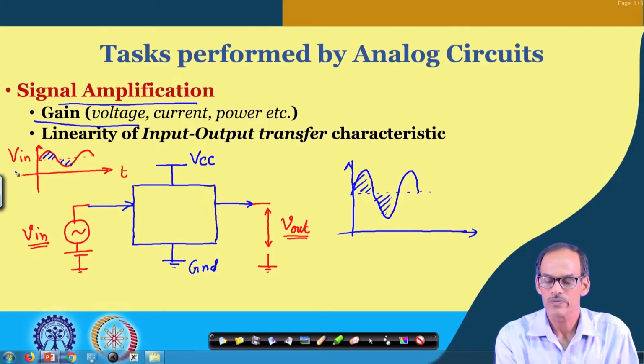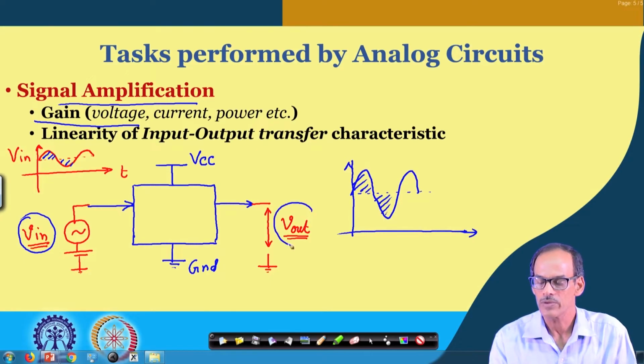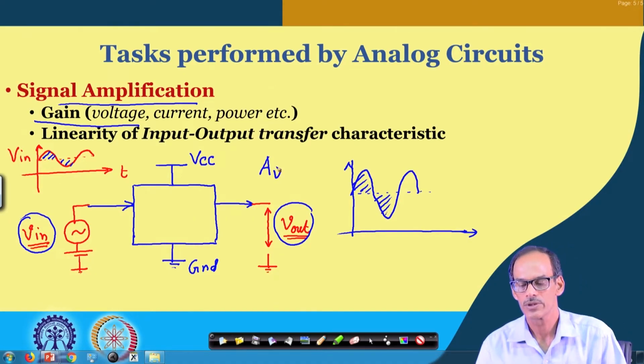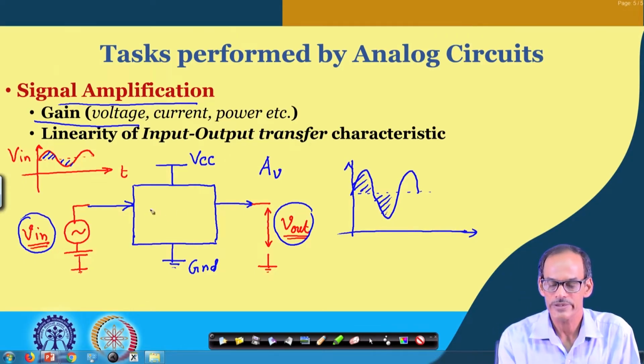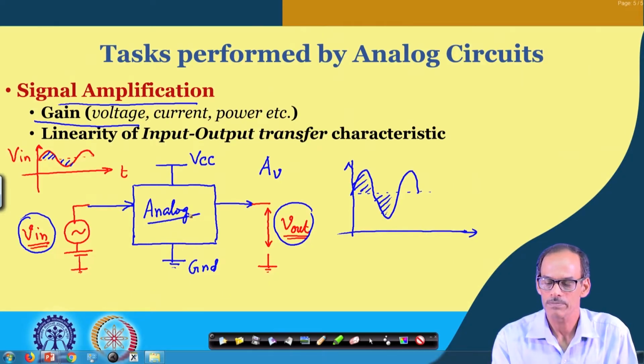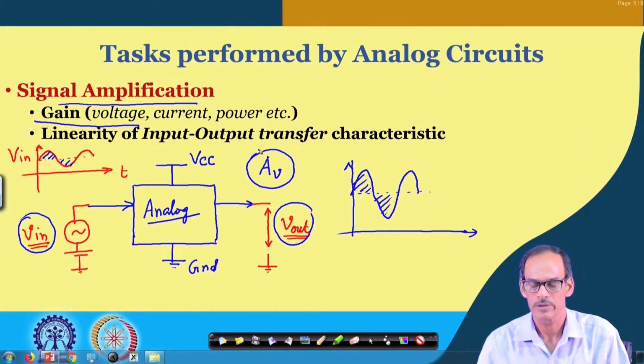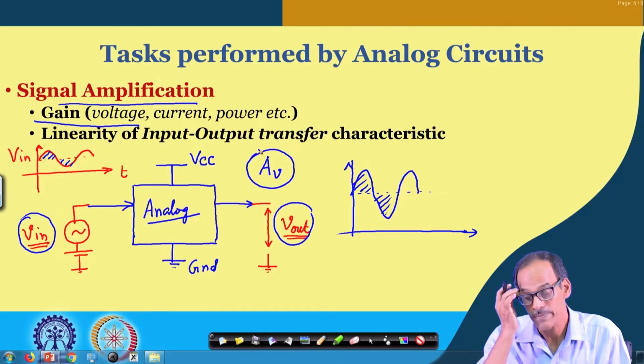So, the ratio of V in and V out, signal-wise, is defined by a parameter called the gain of the circuit. In this case, we may say it is the voltage gain of the circuit. So, whenever we are looking at this analog circuit, the first and foremost objective we try to perform by this circuit is getting a good gain, which is referred to here in this case.